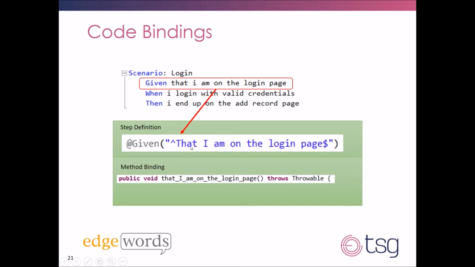The method that follows that step definition, the method binding, is what gets invoked. That method name can be anything, so long as it immediately precedes the step definition, then it's that method that will be invoked. That's what these interpreters are doing. So when you're using Cucumber, SpecFlow, JBehave, all they're doing is text matching. They're reading through these text files, parsing them, doing text matches, and then invoking methods associated with those step definitions.